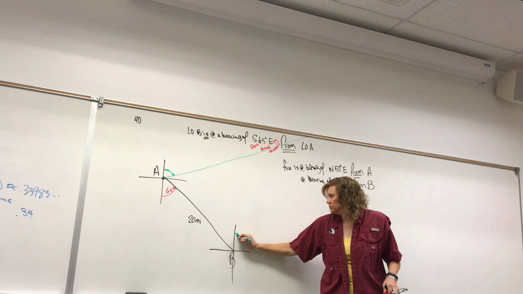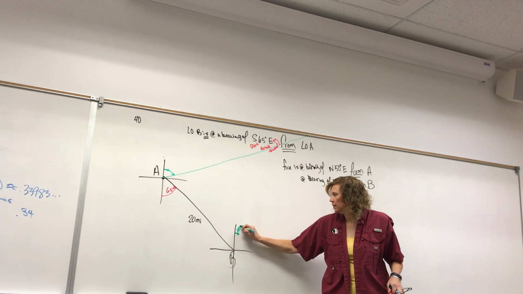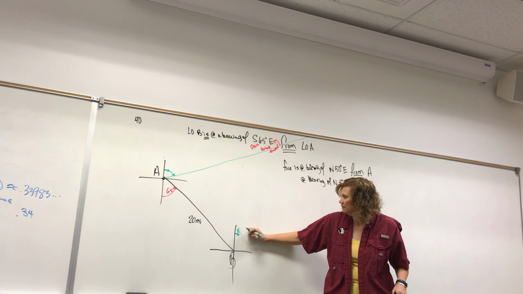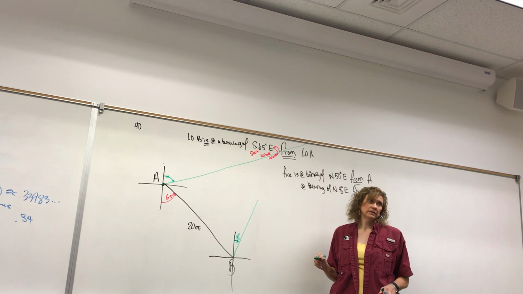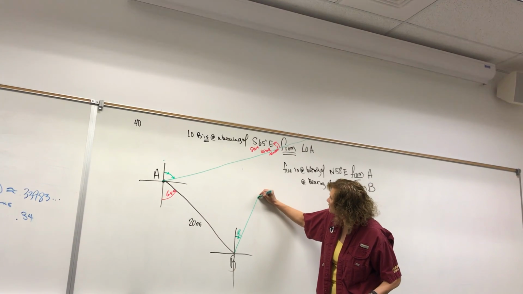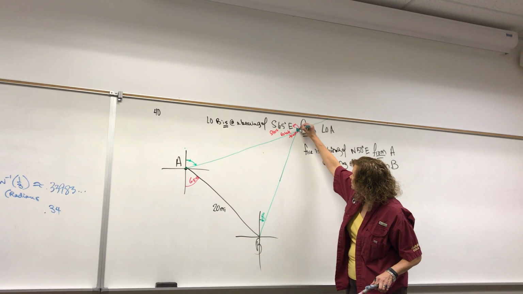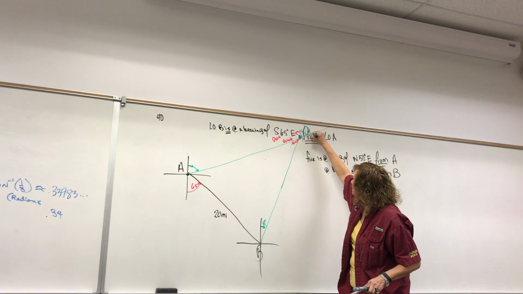Not 80, 8. Somewhere along that line is going to be the fire. So we have to make them intersect. Right there is my green fire.